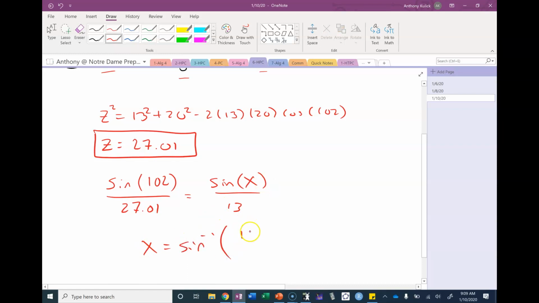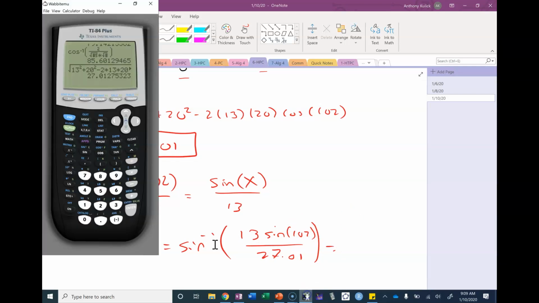So I'm just going to do that all in one step. So sine inverse fraction 13 times sine 102, and then 27. Oh, actually, let's use the full value.